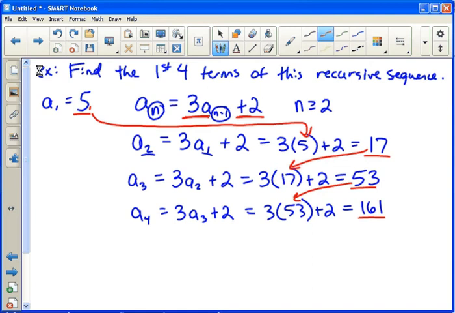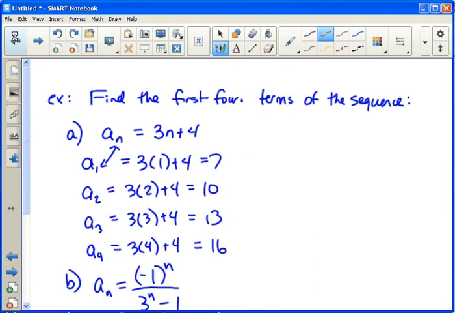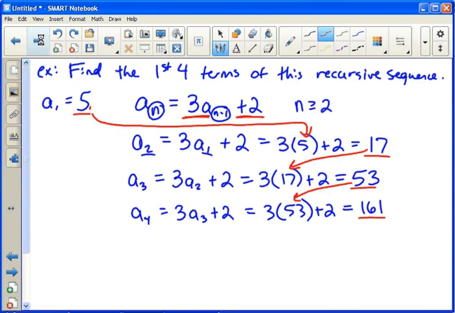With the explicit form, which is what we had a second ago, if I wanted to find the 100th term in here, I would just plug in 100 for n. So in general, explicit's more useful, but some sequences are actually far, far simpler using the recursive form. Often when you switch from the recursive to the explicit, explicit becomes much more complex. So we'll look at both throughout this unit.